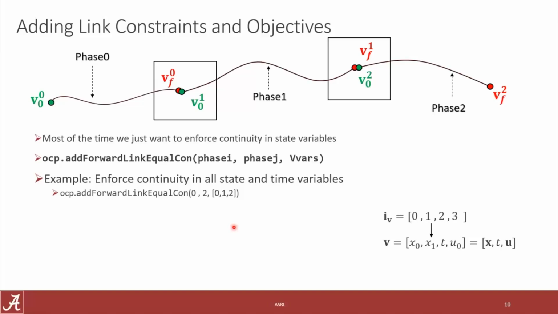You can do an add forward link equalcon from that first phase through that second phase and just pass in position and time, but leave velocity out. So now you're adding a constraint of, hey, my post impulsive burn phase needs to start at wherever my coast phase ended, but we're allowed to have velocity discontinuity because we're modeling an impulsive burn.